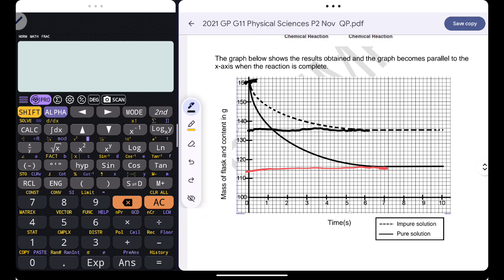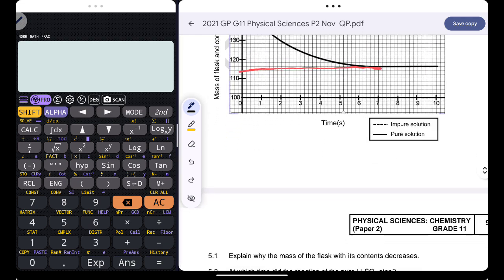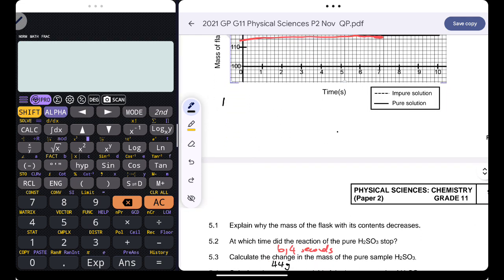So for me to find the change in mass, I can simply say 160 grams minus 135 grams. What will I get? 160 minus 135, I'll get 25 grams.